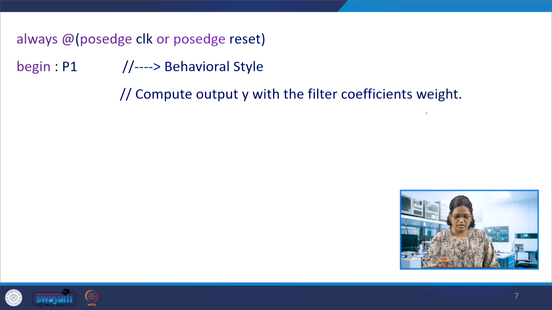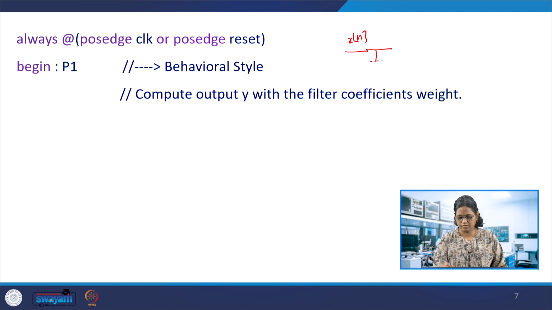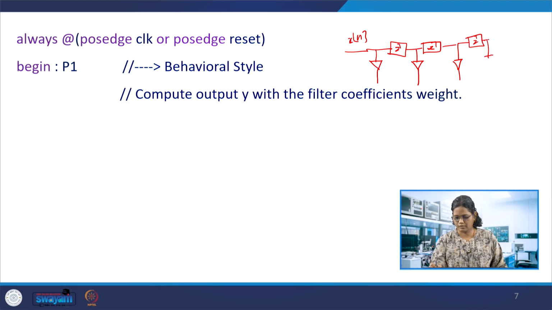In the filter structure, x of n is the input, then you have the first coefficient, then it is delayed, then the next coefficient, then it is delayed, and like this, and then these are added.